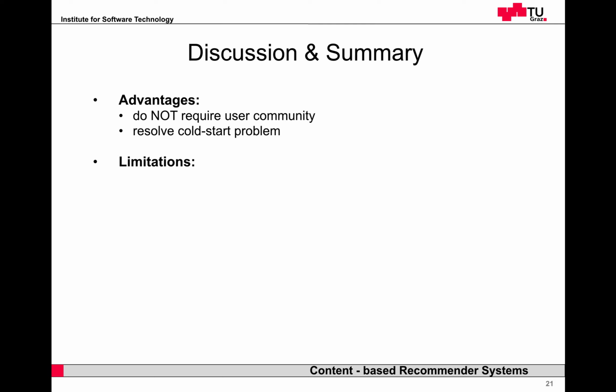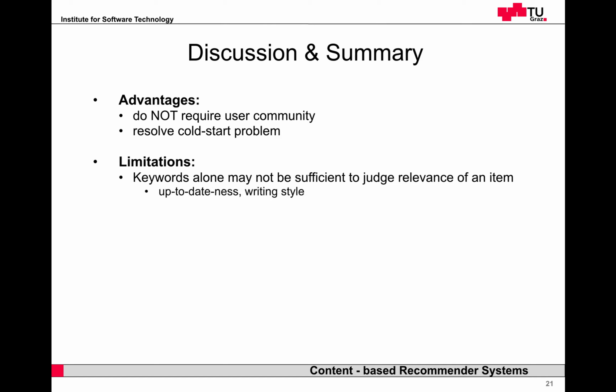The main approach of content-based recommender systems is to analyze keywords from the item representation and user profile to find the similarity. However, keywords alone are not sufficient to judge the relevant item.